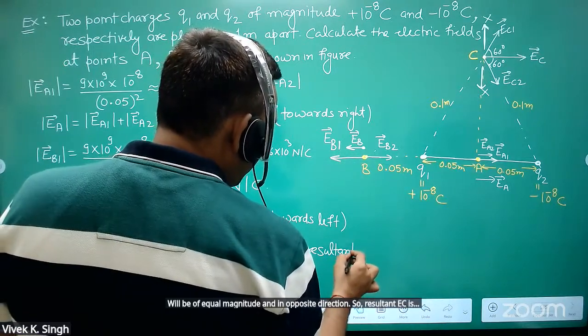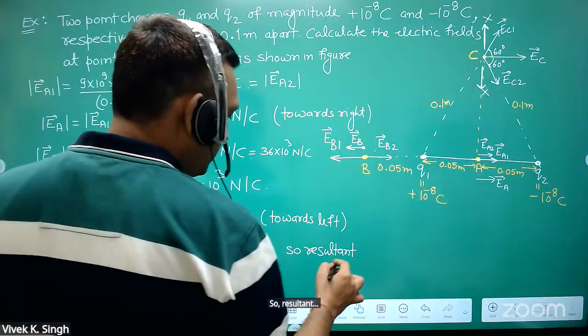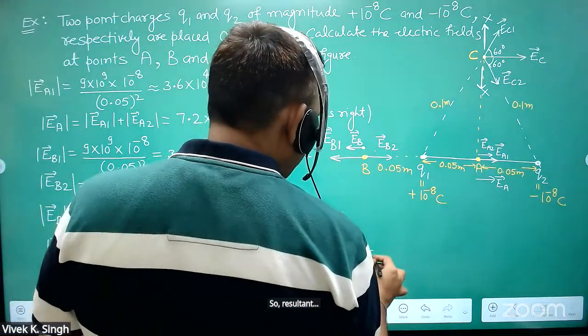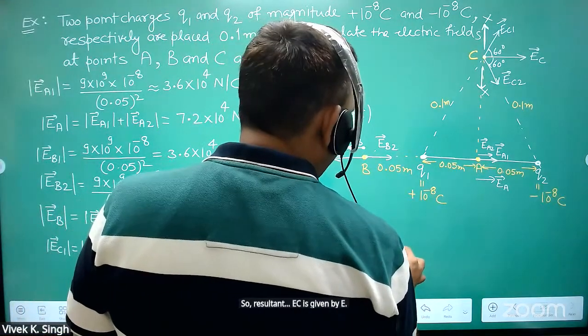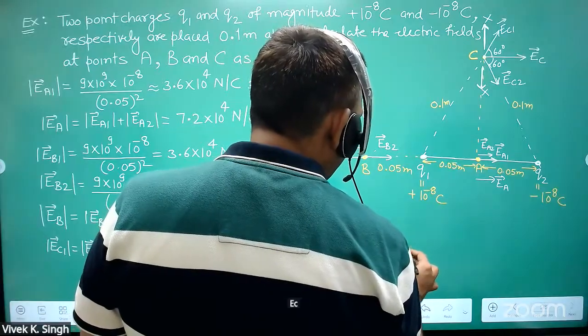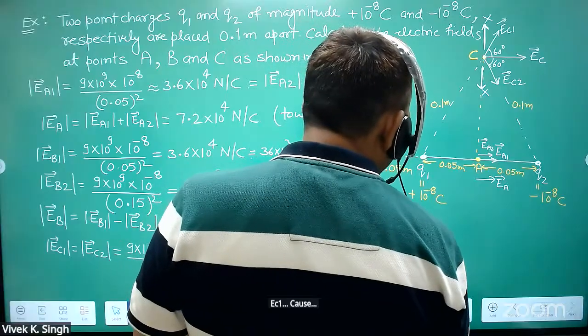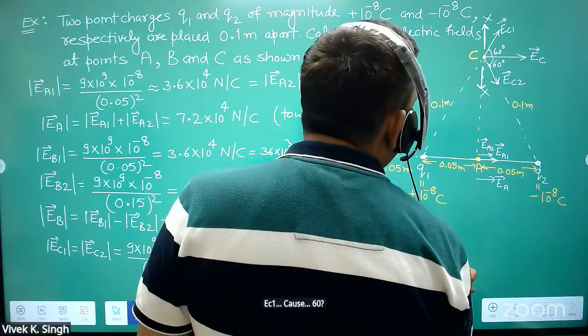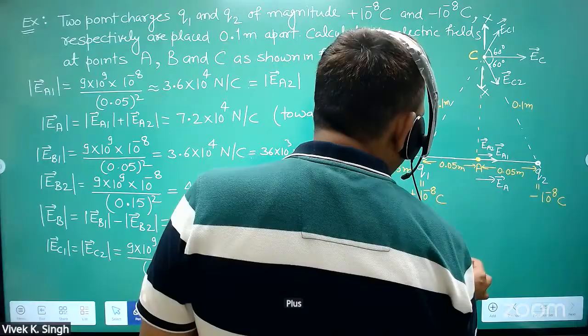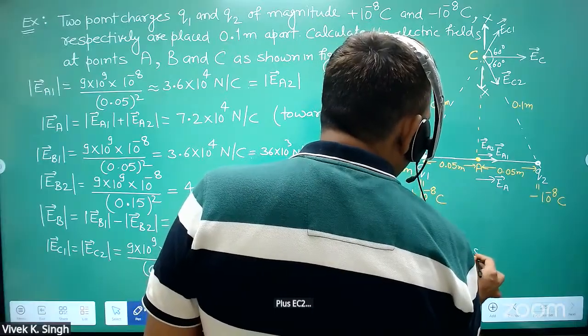So resultant EC is given by EC1 cos 60 plus EC2 cos 60.